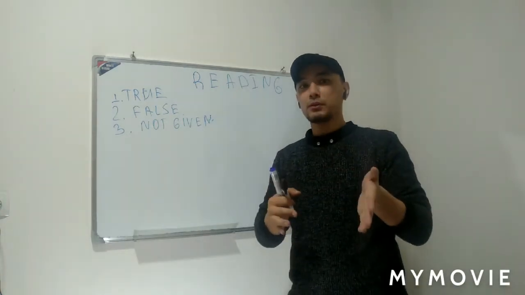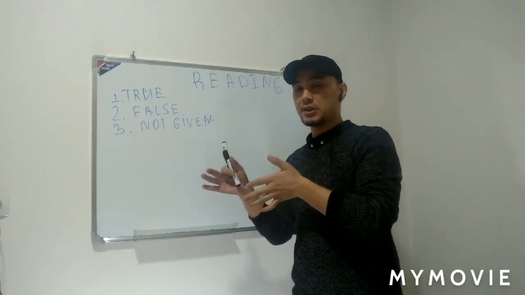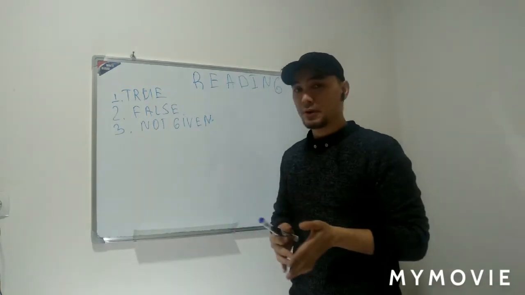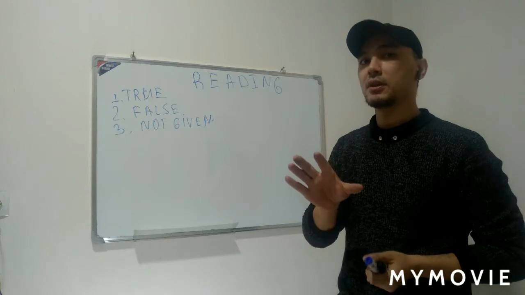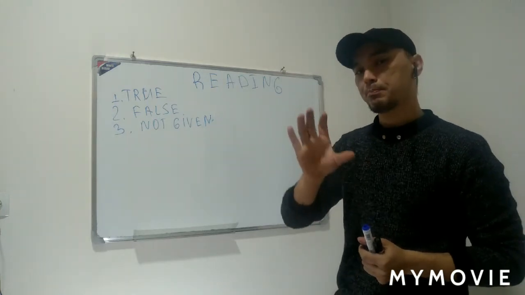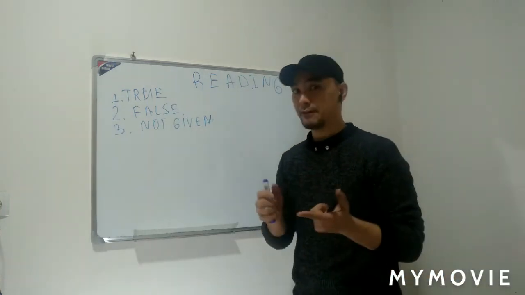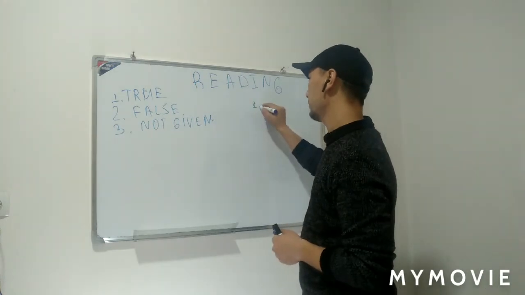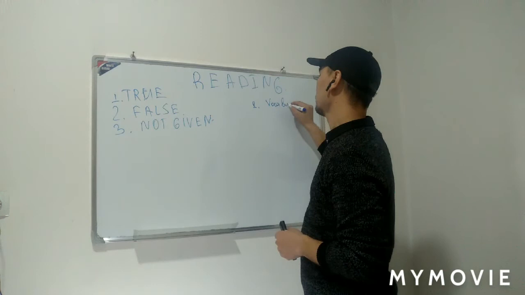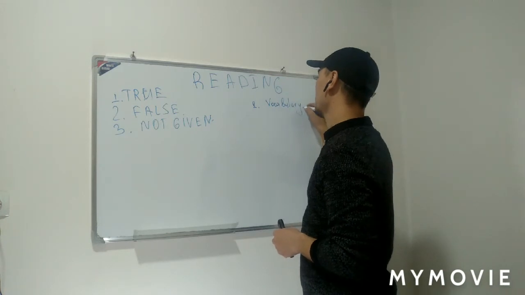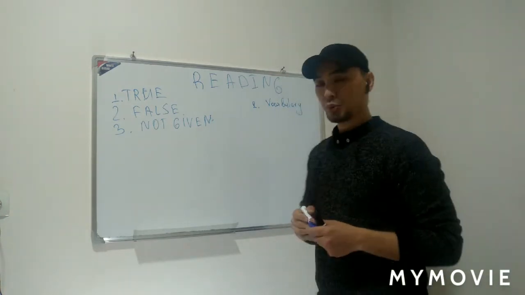Before moving to the deep explanation of these topics, my friends, let me remind you of some rudimentary basic skills that you need to have. The first one is vocabulary. Why does vocabulary matter?